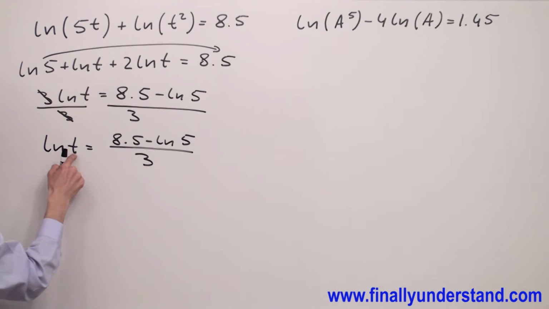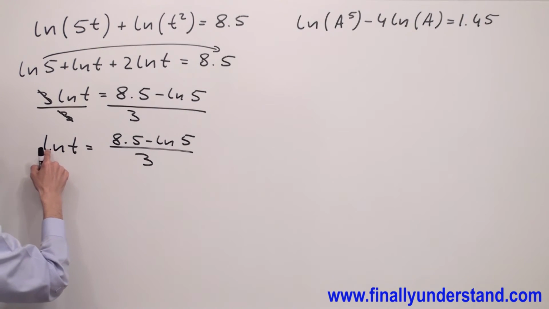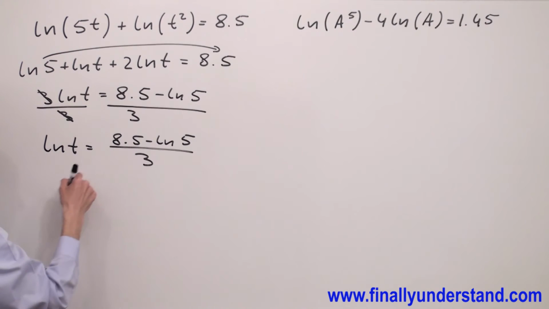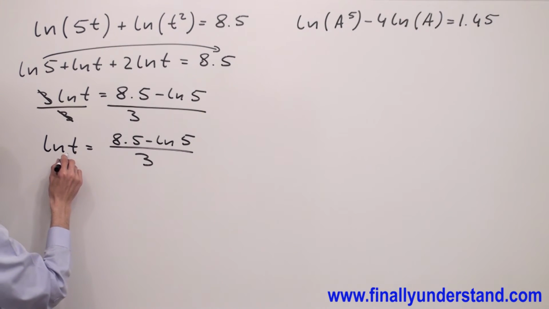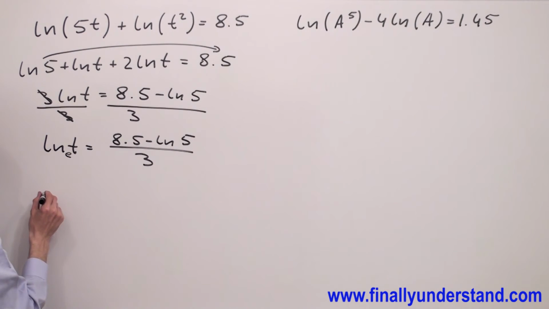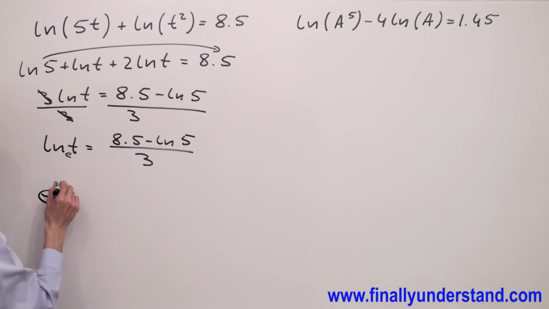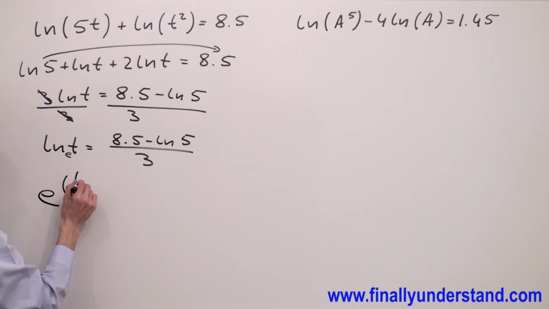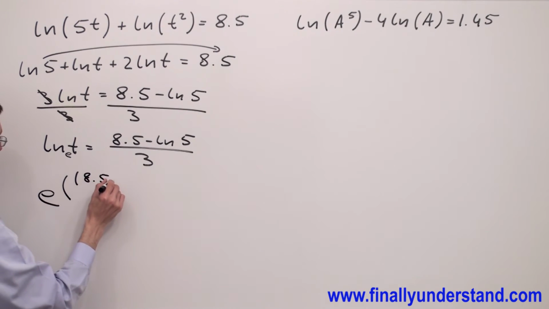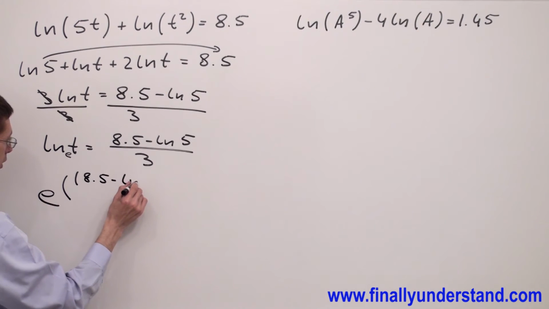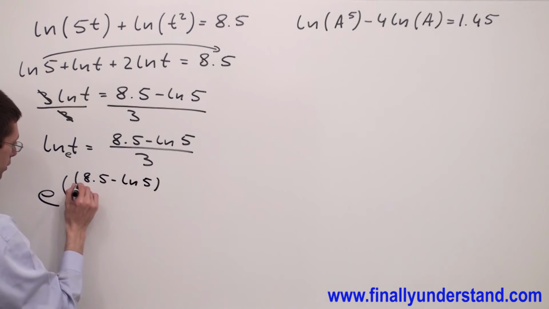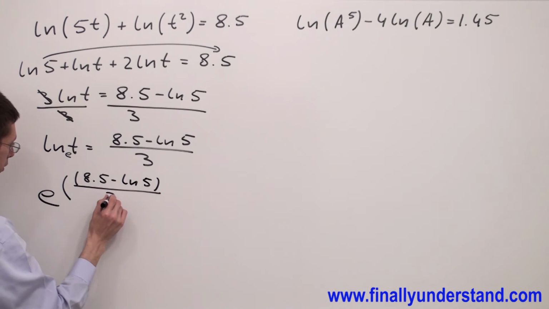In order to find the value of t, I'm going to convert the logarithmic form to the exponential. Please keep in mind that there is an invisible base e. I'm going to rewrite this as e to the power of 8.5 minus natural log of 5 over 3.